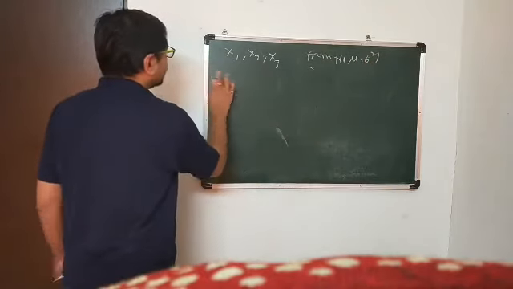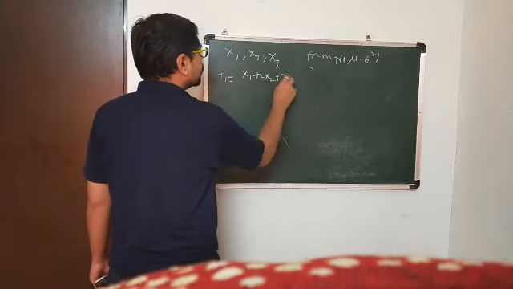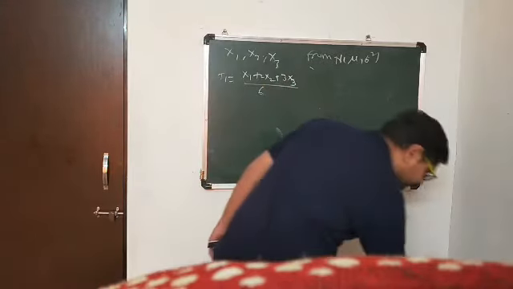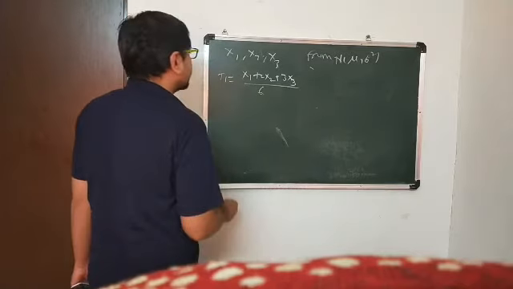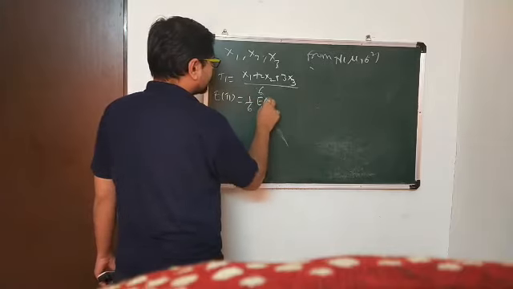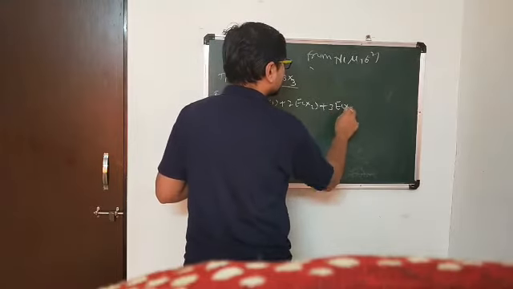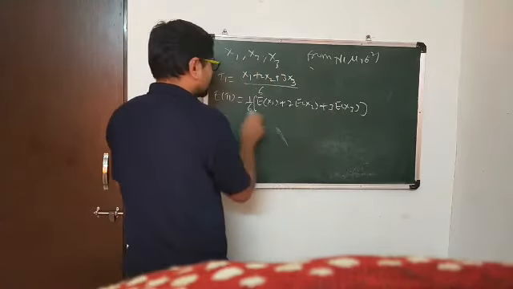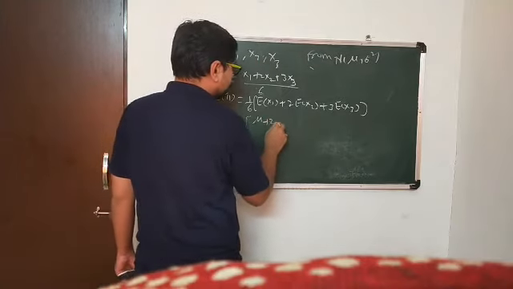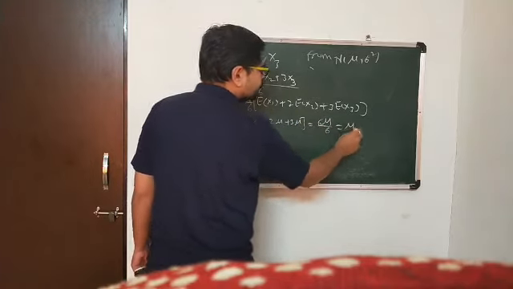So if we have T1 = (X1 + 2X2 + 3X3) divided by 6, then the expected value of T1 is 1 by 6 times the expectation of X1 plus 2 into the expected value of X2 plus 3 into the expected value of X3. So we have 1 upon 6, and this is mu plus 2 mu plus 3 mu, and 6 mu upon 6 is equal to mu.